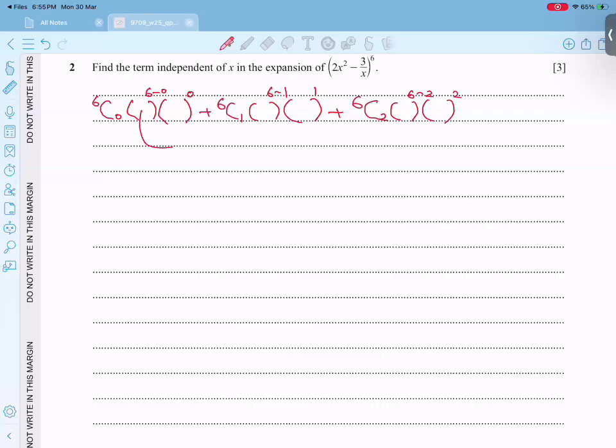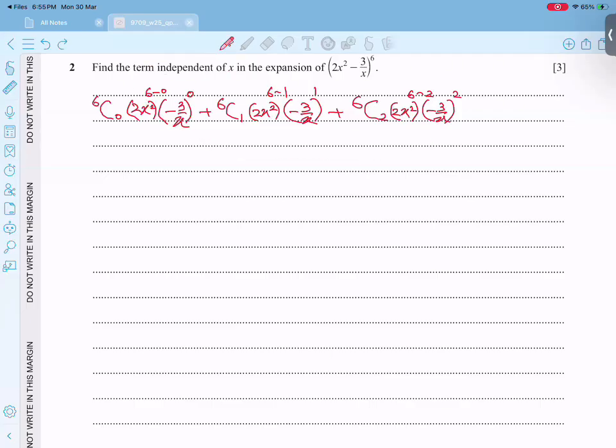In each first bracket we have 2x squared. In each second bracket we have negative 3 by x. So 2x squared and negative 3 by x. We will keep our eye especially on this: independent of x means x will cancel.